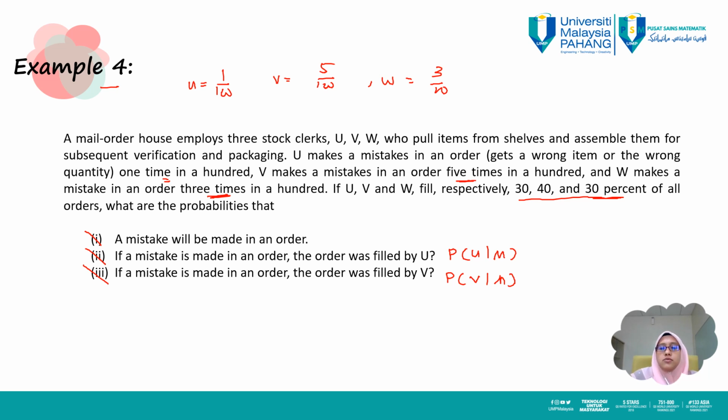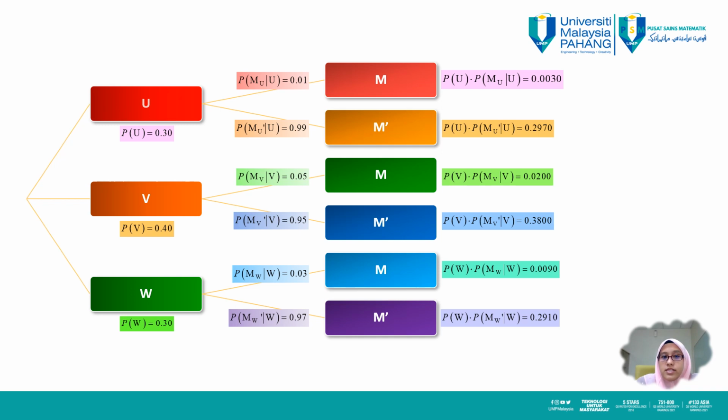Okay, so for this example, I will transform it into the tree diagram. The solution is in the next slide. So this is my tree diagram for the example. Firstly, for the first stage, we have U, V, W, where U fills 30 orders over 100, so 0.3.